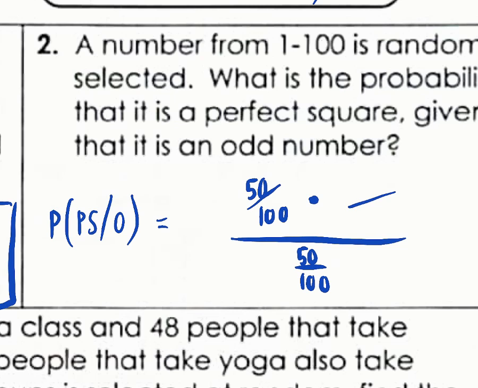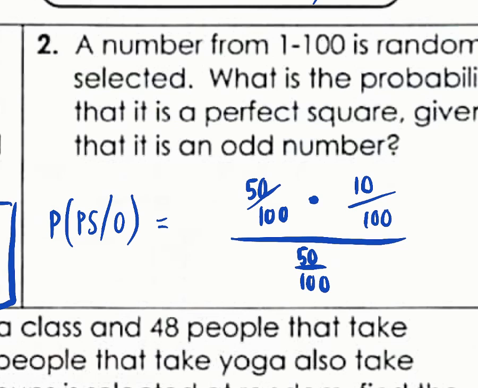Next one? 9, 16, 25, 36, 49, 64, 81, 100. How many perfect squares fit in numbers 1 through 100? 10 out of that 100.